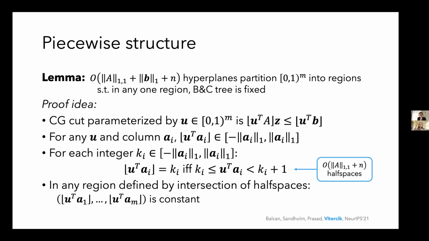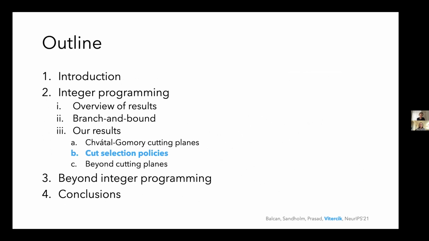We can give a similar argument for the right-hand side of the constraints. And this is how we show that there are these hyperplanes, splitting the parameter space into regions, such that these constraints are fixed. Okay, so that's just the proof idea in one slide. And this is how we get our guarantees for these Chvátal-Gomory cuts.